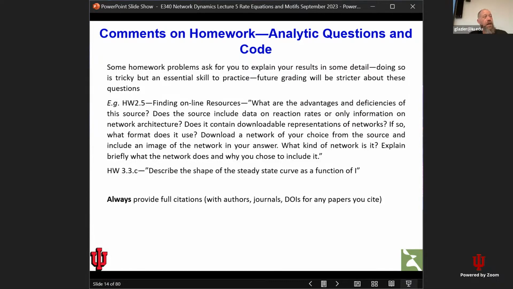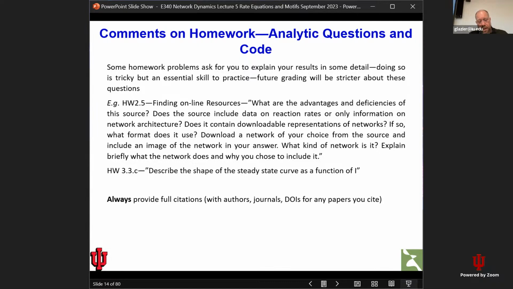A lot of people did talk about whether it's only on network architecture, or also has reaction rates. Are the networks downloadable in some form, or do you have to retype all of it? Those kinds of questions, or describe the shape of the steady state curve.